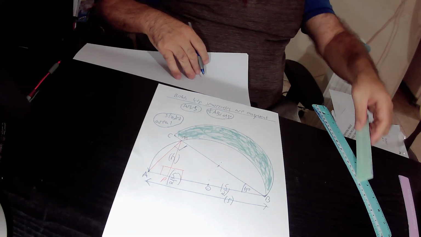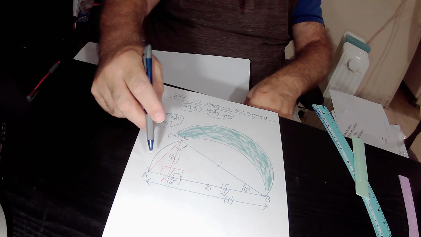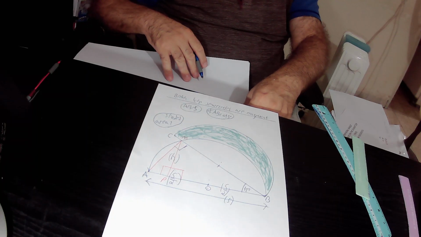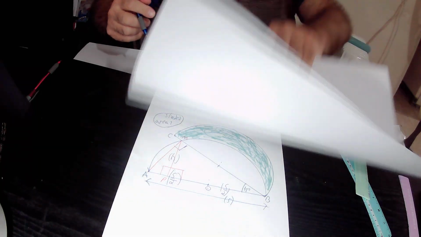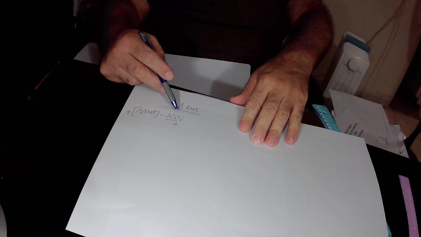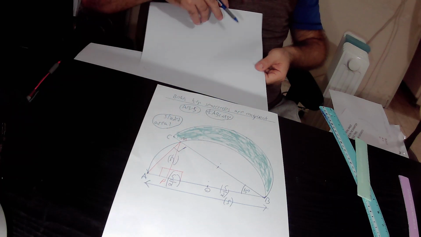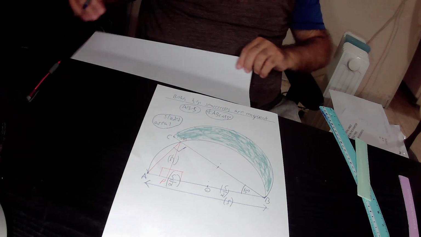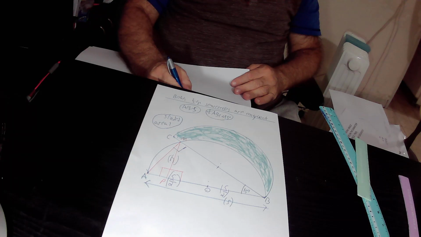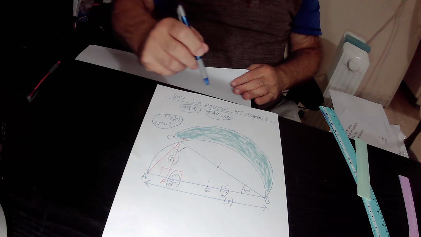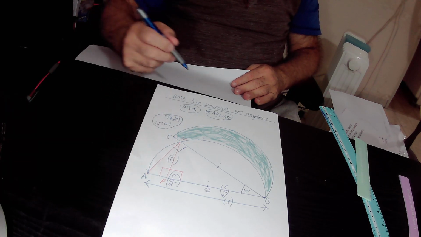And again, the area of this right triangle AMB according to the first method is equal to the base AB times the height H over 2. AB is 5, according to what is given in the question, times the height H, which is unknown, so leave it as it is.